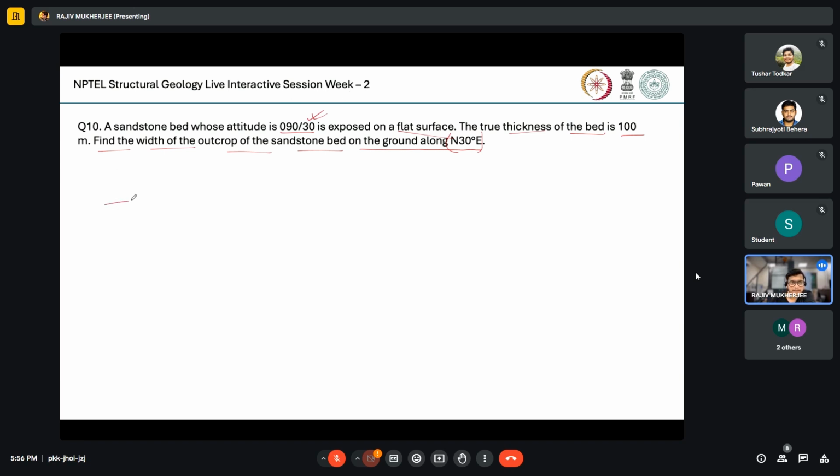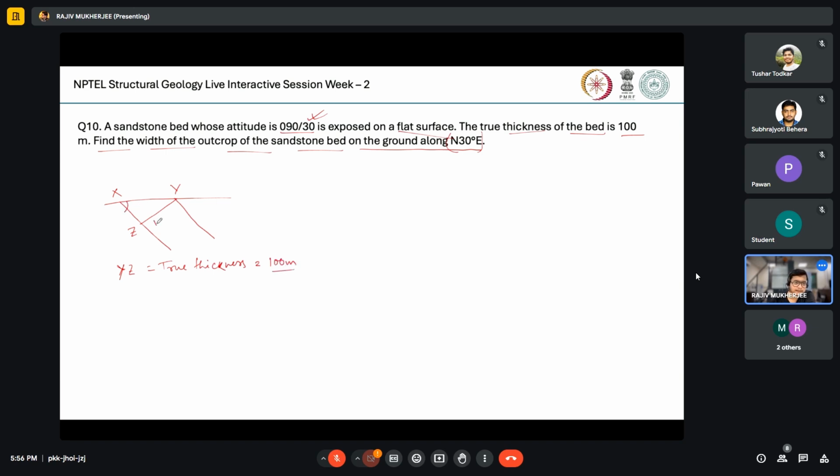Say for example, this is the flat ground exposure of the bed, and we have this point XY. We draw a perpendicular line, and this is Z. So YZ is the true thickness, which is 100 meters.